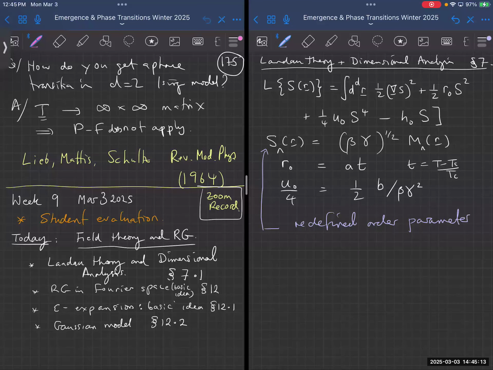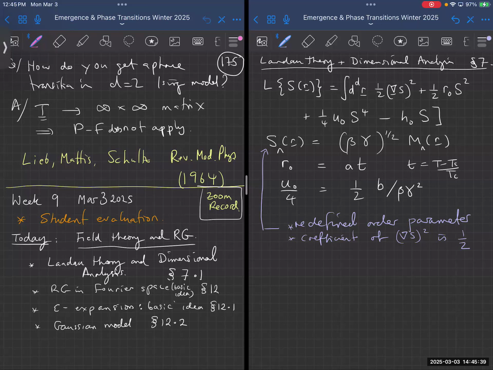I've chosen these parameters so that the coefficient of the grad S squared term is just 1/2. When we derived this originally, there was a factor of gamma in there, and so we've chosen units where that coefficient is just 1/2.